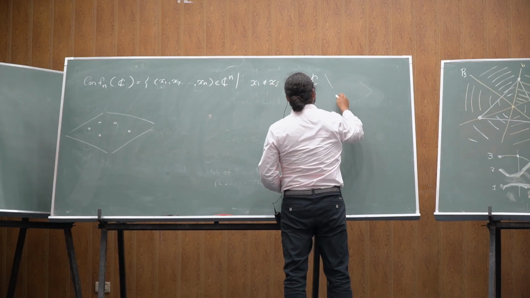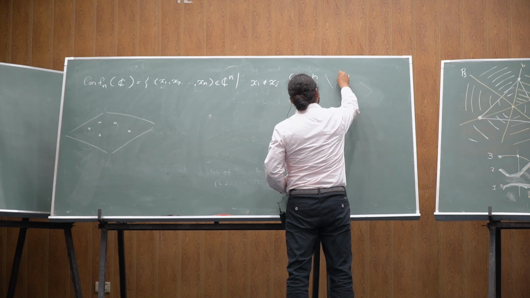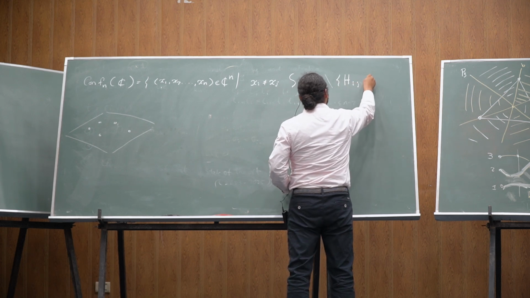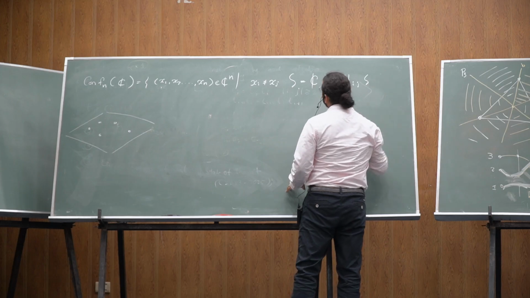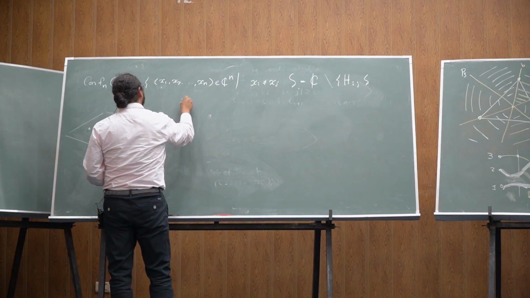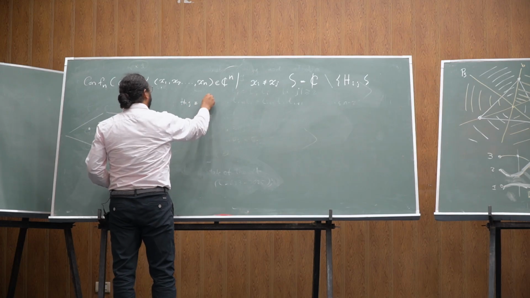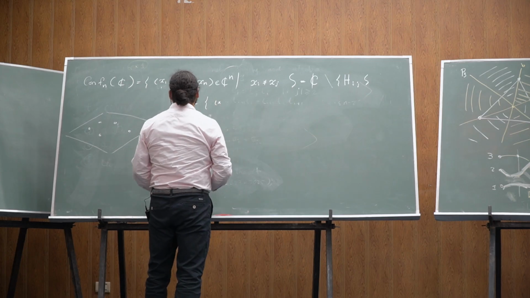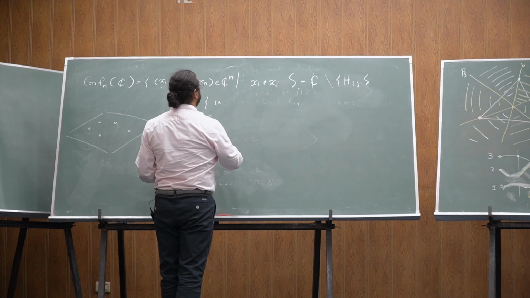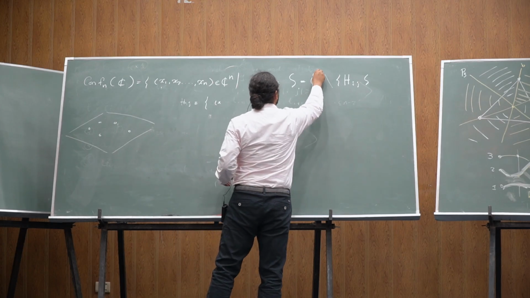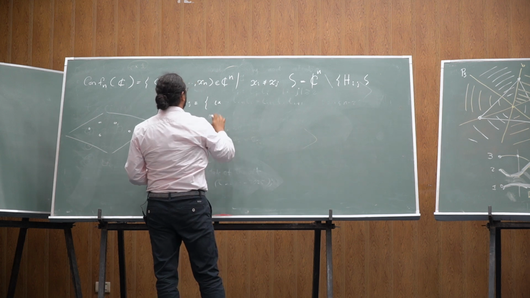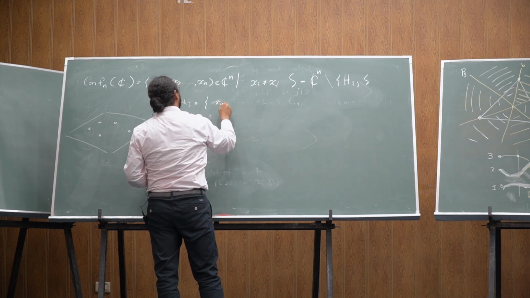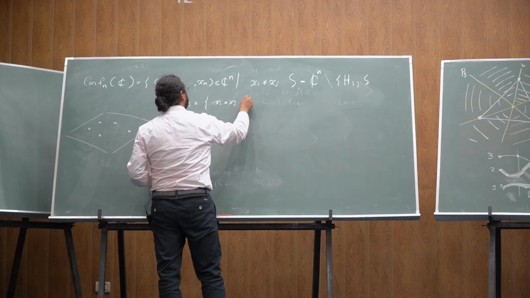Taking out Hij, where Hij will be, this is Cn, yes, such that xi is equal to xj, right?